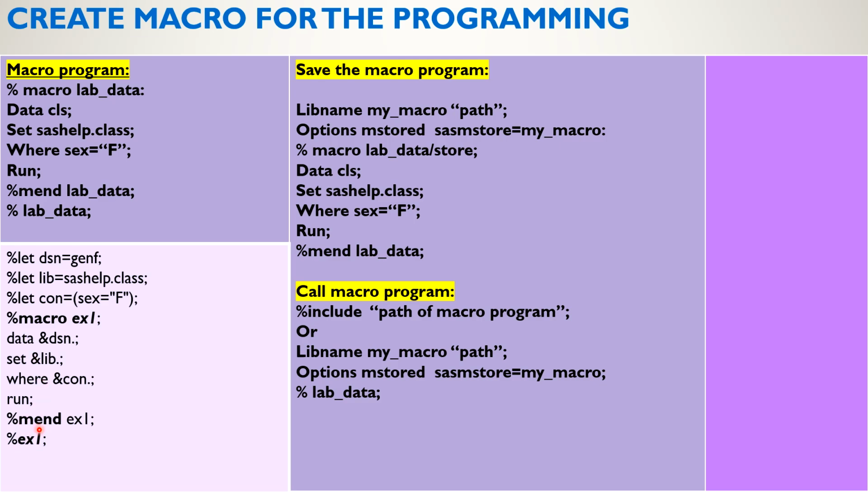If you want to run this program, we just need to call percent ex1. Here ex1 is the macro program name. From here we did not create any variable, but here we created some variables inside the macro program, then defined them outside. That is the difference.